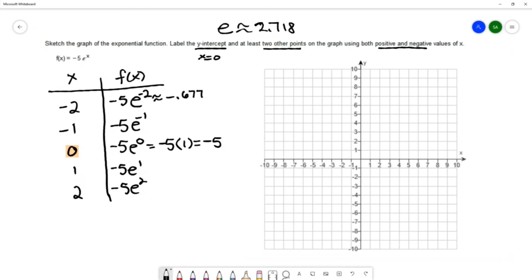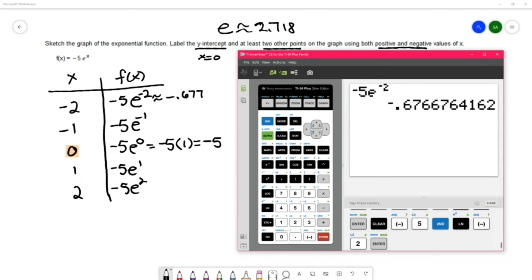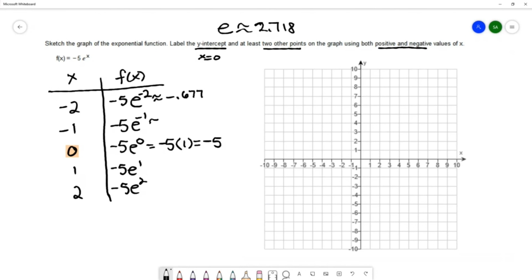Let's find the next one. That's negative 5e to the negative 1. And that is approximately negative 1.839.